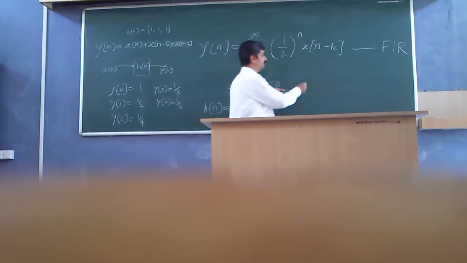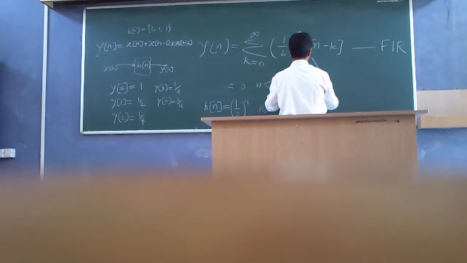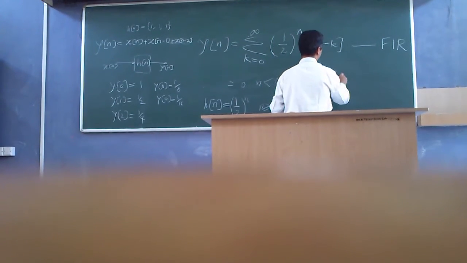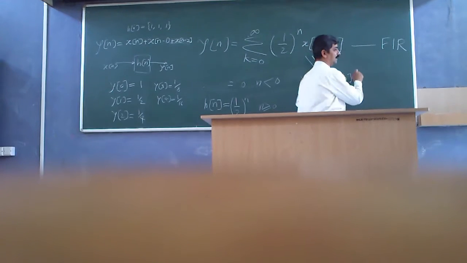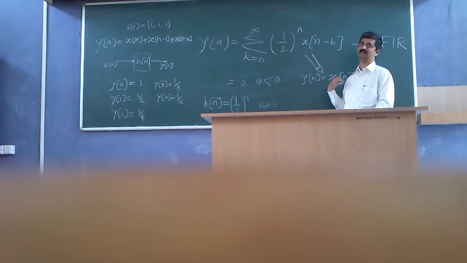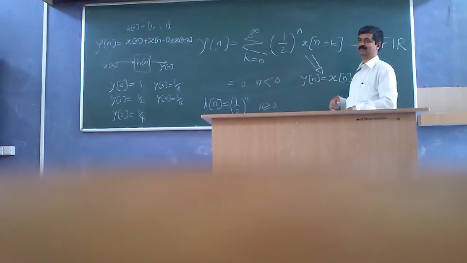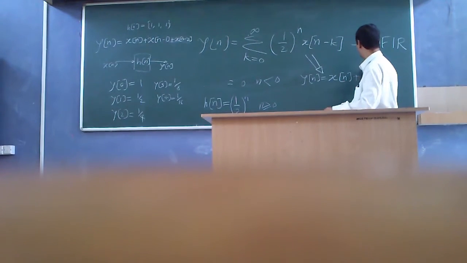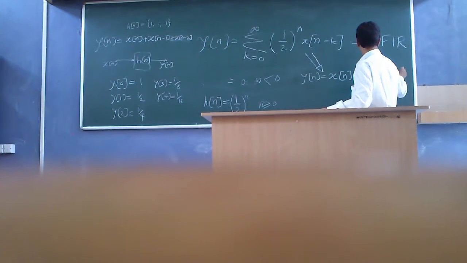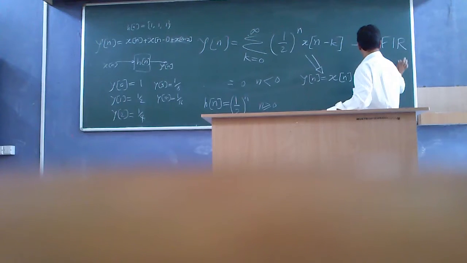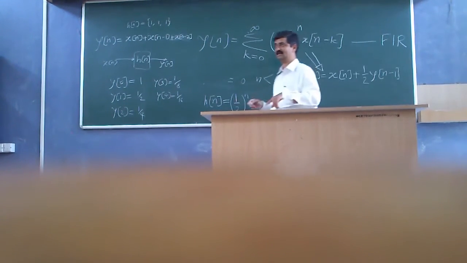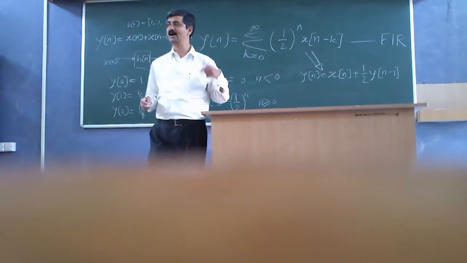The same expression we can reduce to iterative form, and that is what? How can we write it very effectively? Y n is equal to x n plus half y n minus 1.